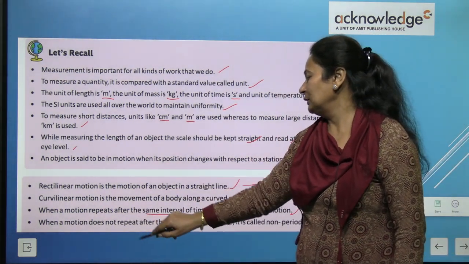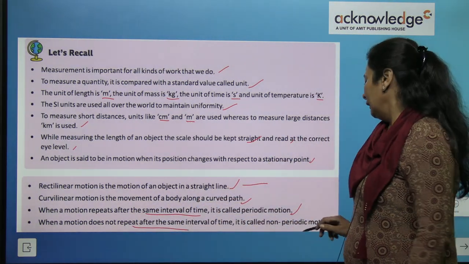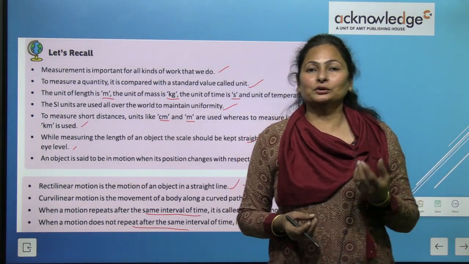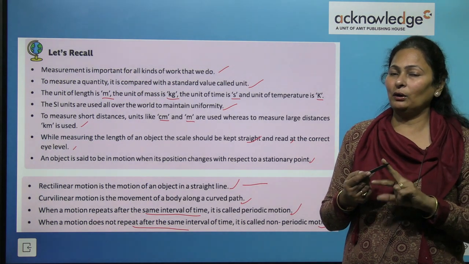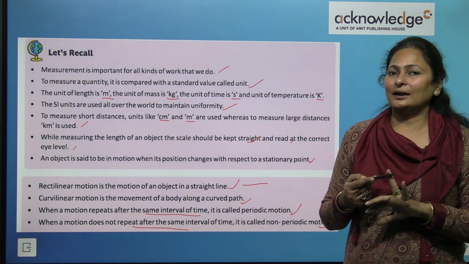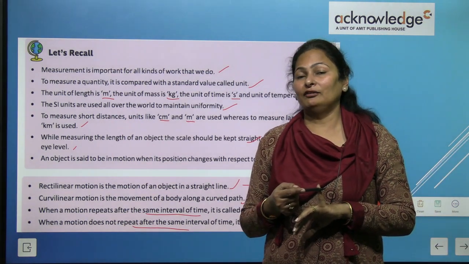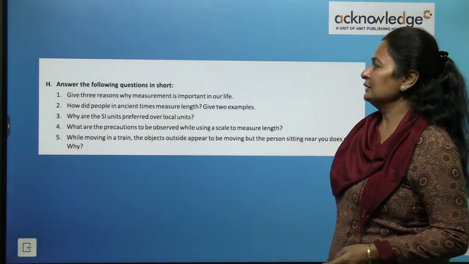And when the motion does not repeat after the same interval of time, it is called non-periodic motion. So motion is either periodic or non-periodic, and either rectilinear or curvilinear, right? So let's move to the question answers.